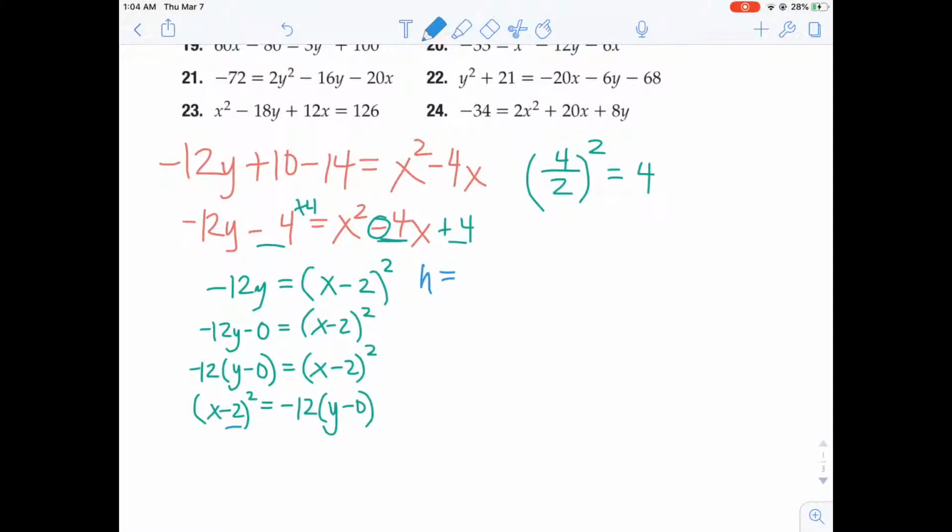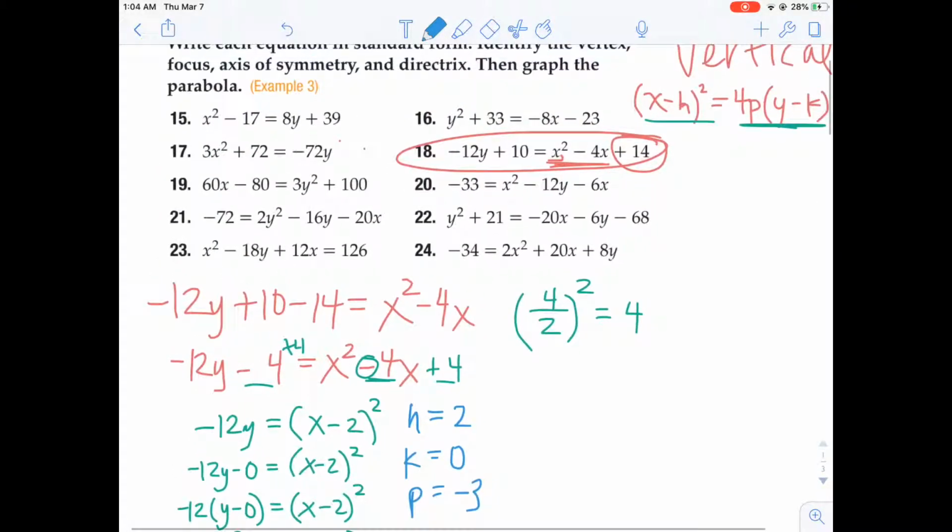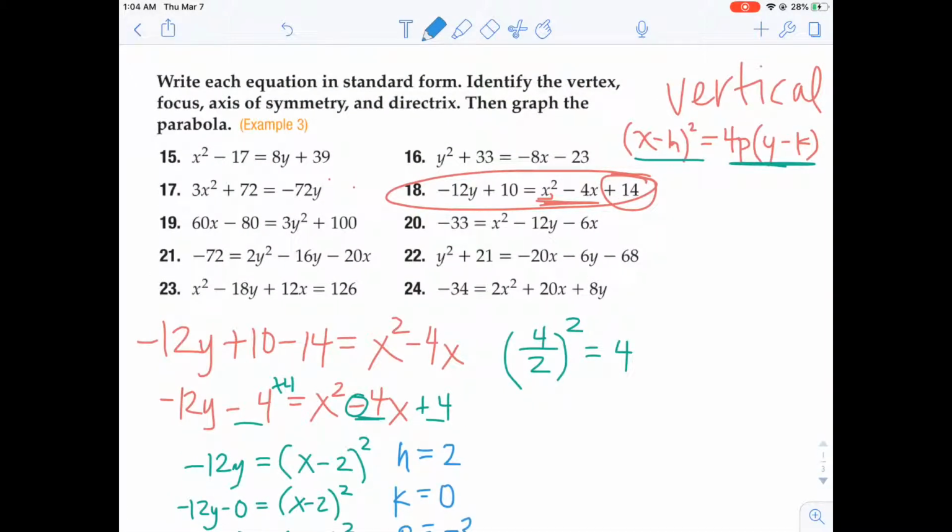H always goes with x, and thinking opposite we get 2. K comes with our y, which is 0, and our p, we look right here, negative 12, divide that by 4, we get negative 3. So this negative on our p is telling us that our graph, since it's vertical, is going to be going down.